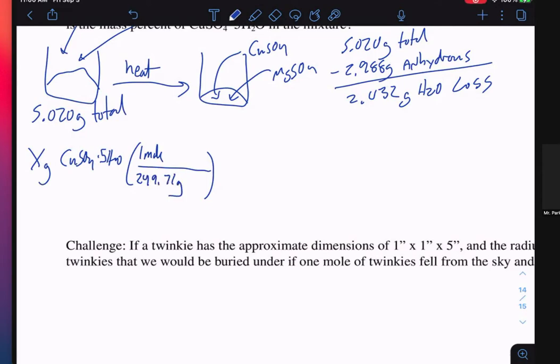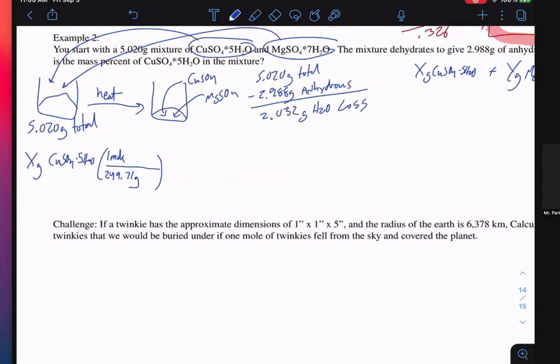Okay. This first step accomplishes turning whatever X grams is into moles of copper sulfate pentahydrate. But notice that the value that I need to set up and work with is right here. So I need to convert this into terms of water.